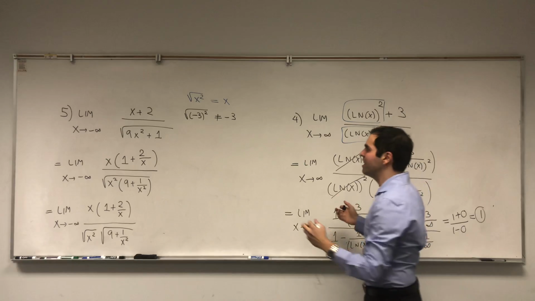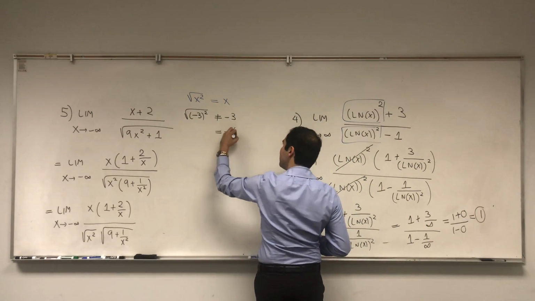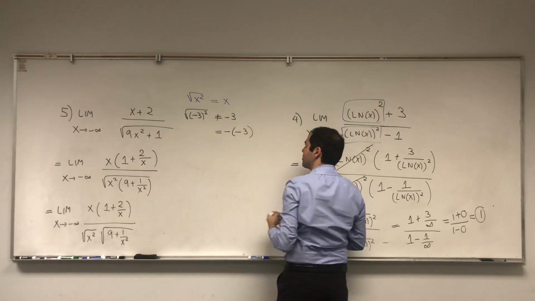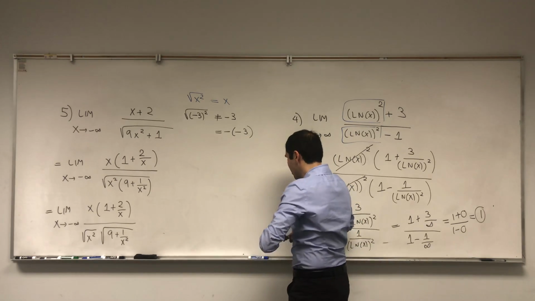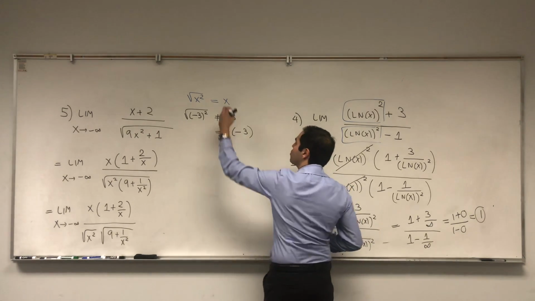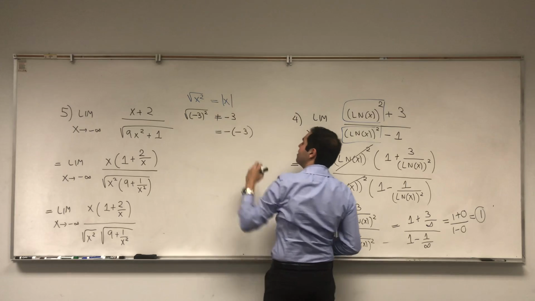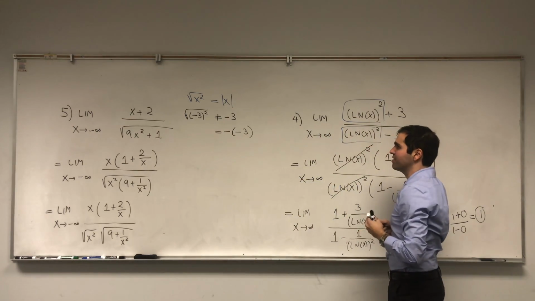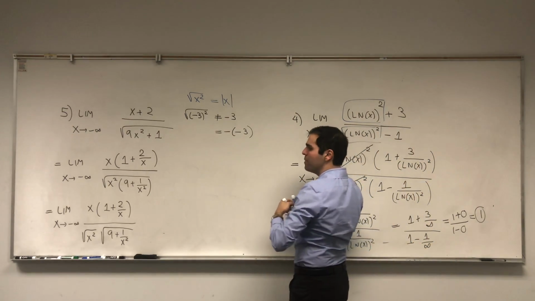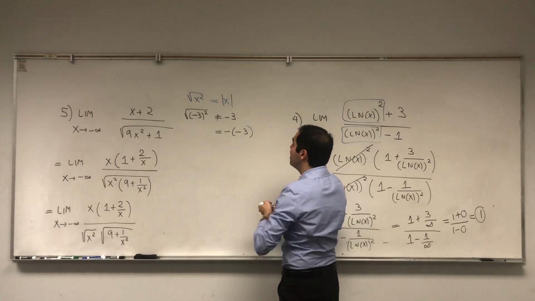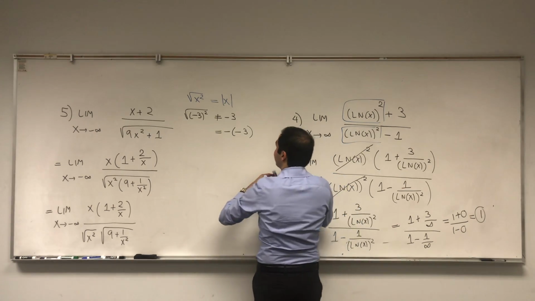But indeed what it is is 3. So in this case, what I'm trying to get at, the square root of x squared here, it's the absolute value of x. Okay. However, because x is negative, this becomes just minus x.